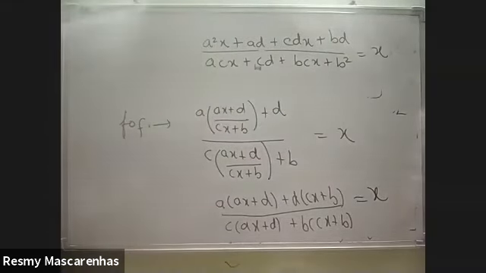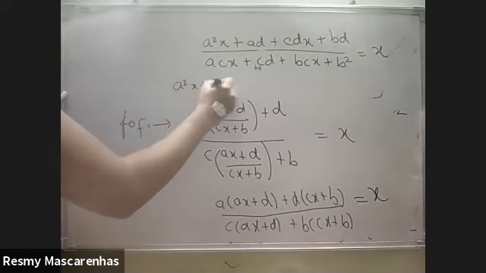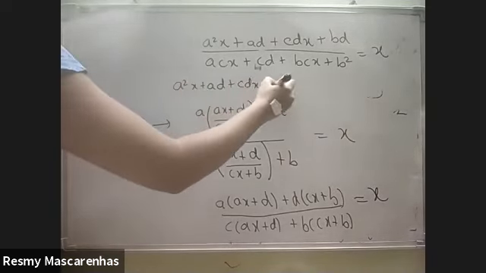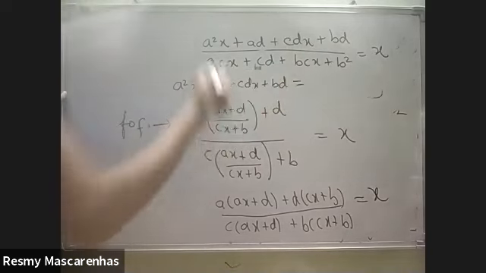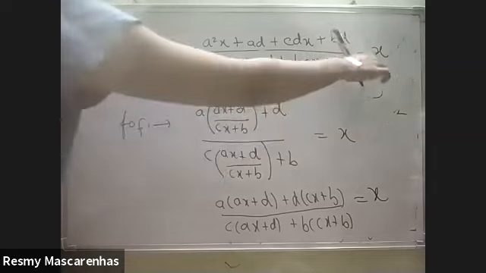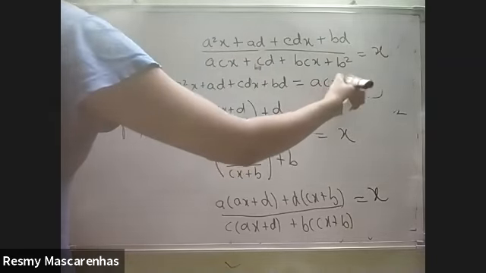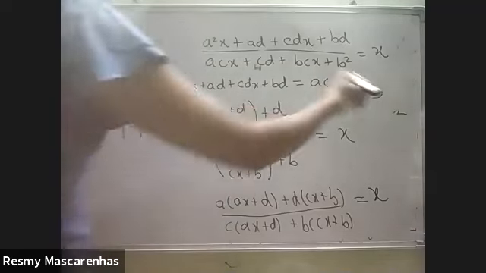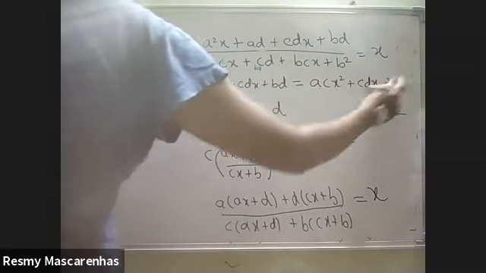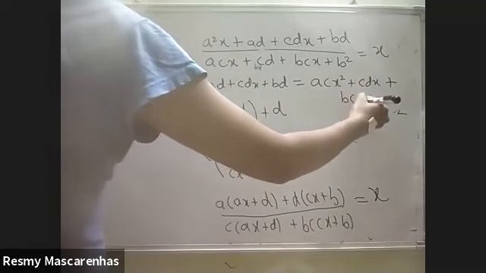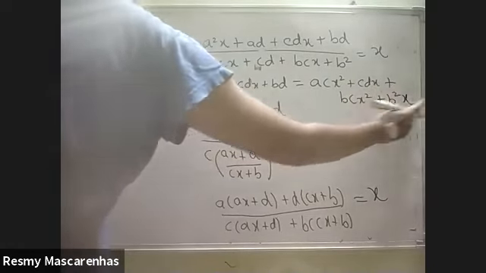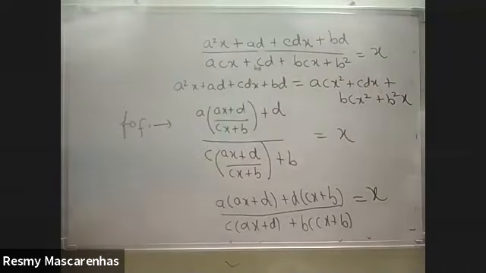So this is what you all will get, and then take all the terms on the other side from the denominator. So x will get multiplied to all the terms. So acx square plus cdx plus bcx square. This will be after multiplying all the x terms on the other side.